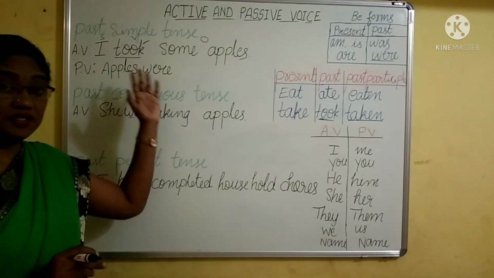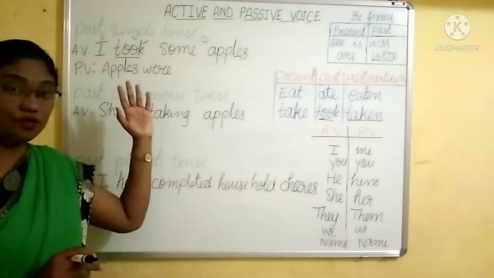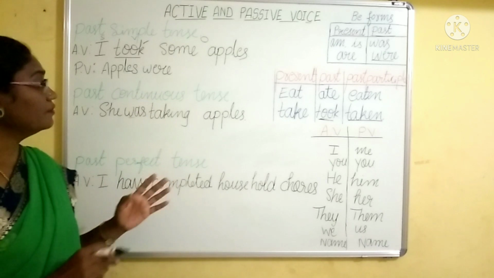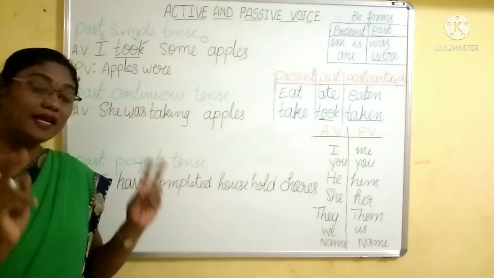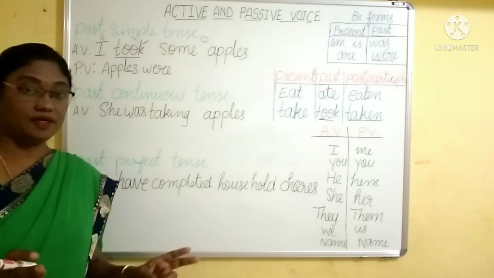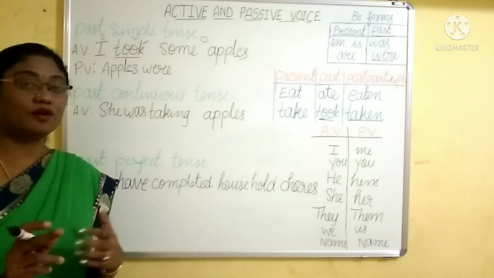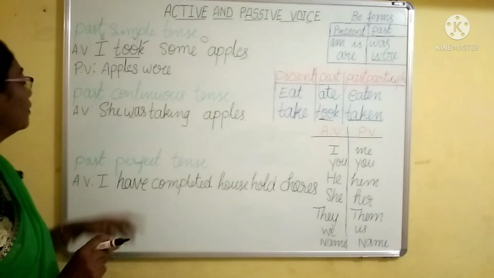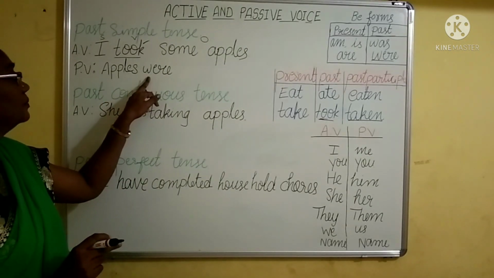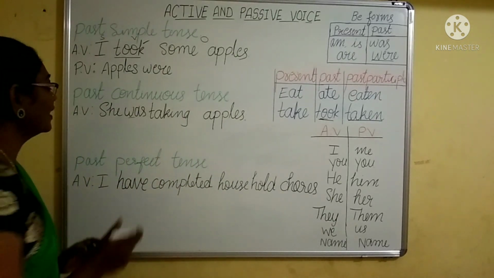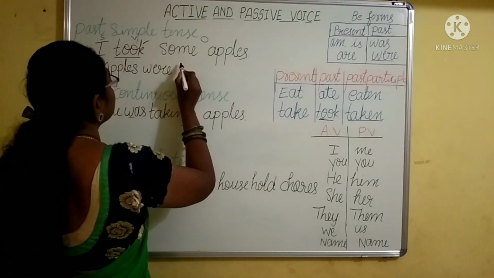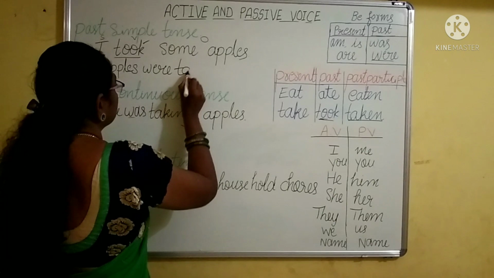Whether it is present or past tense, and so on, when we change this into passive voice, we must write only the past participle, because I had explained in the last video also. Okay, apples were took will be taken. Apples were taken.